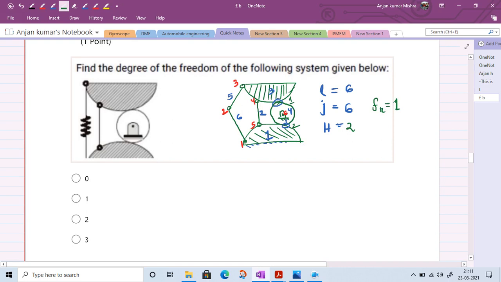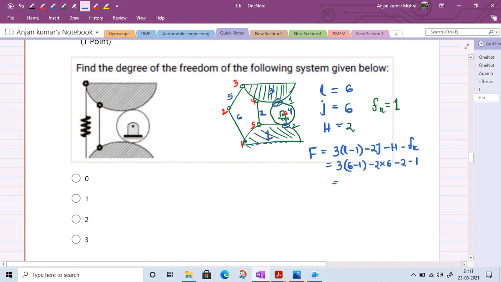Now we can calculate the degree of freedom for this mechanism, which is equal to 3 into L minus 1 minus 2J minus H minus FR. So 3 into 6 minus 1 minus 2 into 6 minus 2 minus 1.